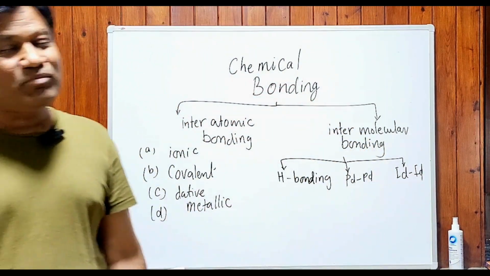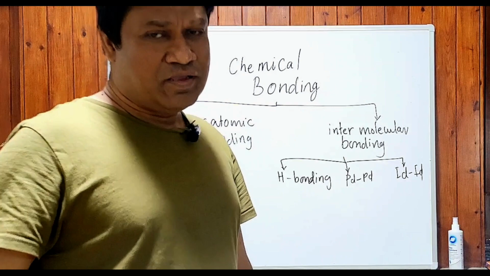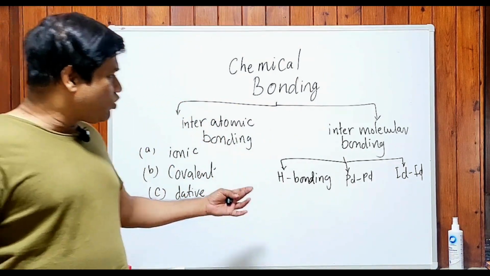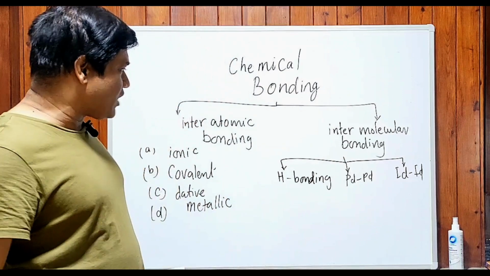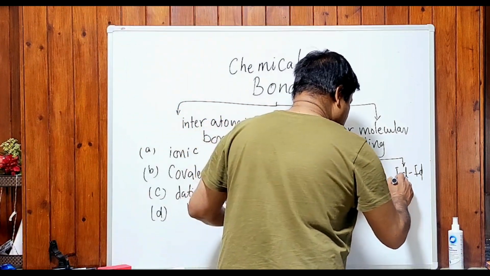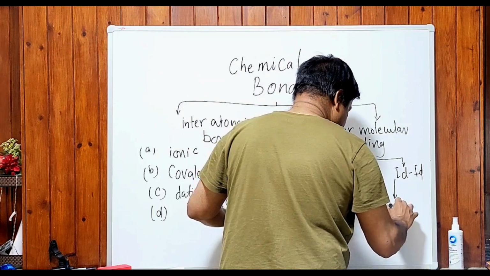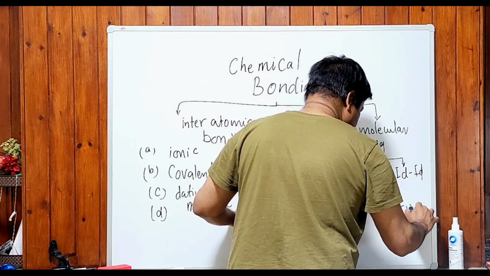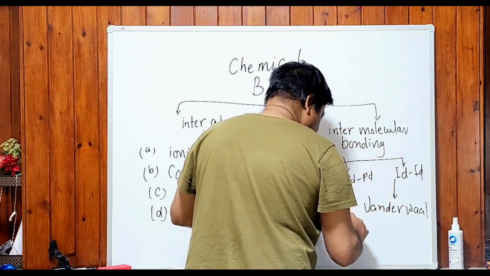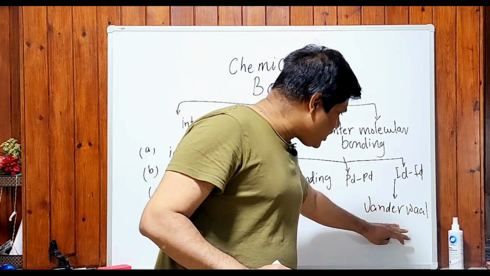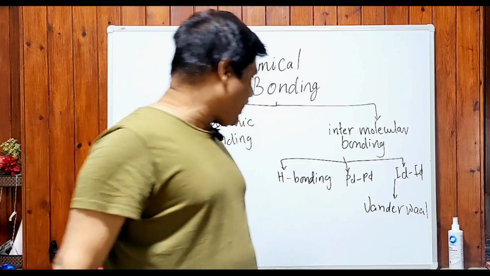What's the another name of induced dipole, guys? These are called intermolecular force of attraction. Yes, induced dipole, another name, van der Waal force of attraction. And in some books, it is mentioned as London force of attraction.